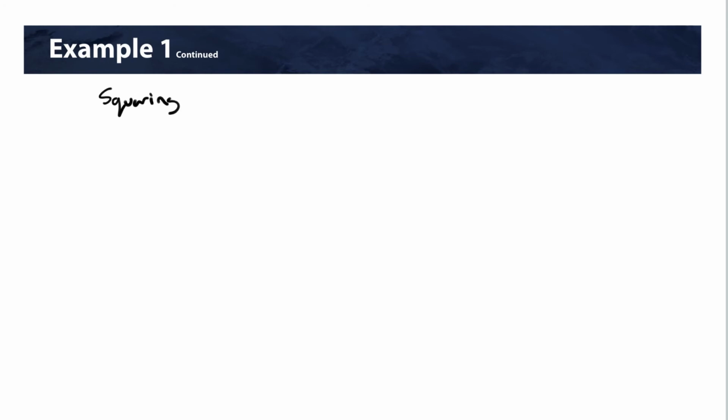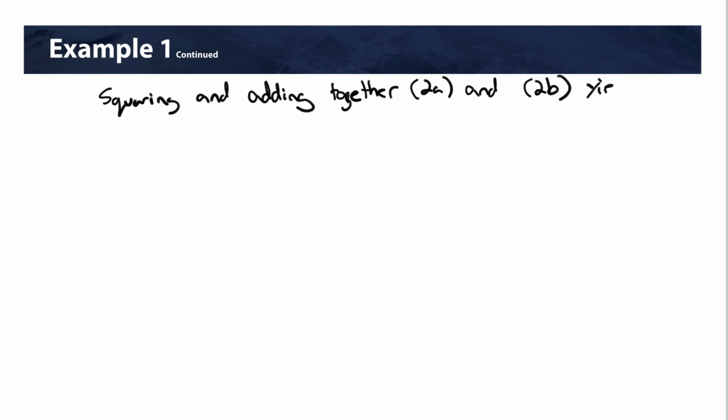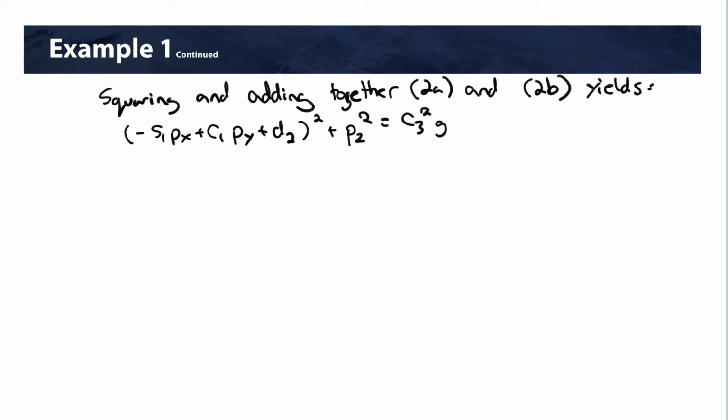So squaring and adding together equations 2a and 2b yields minus S1px plus C1py plus D2, all squared, plus Pz squared is equal to C3 squared g squared plus S3 squared g squared.